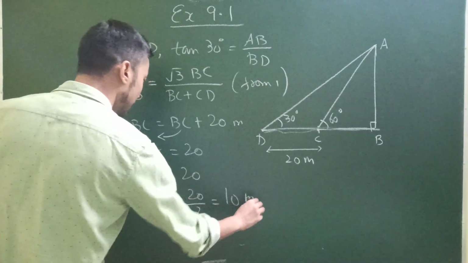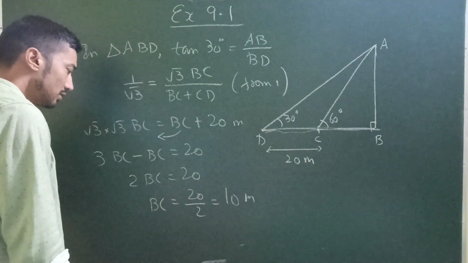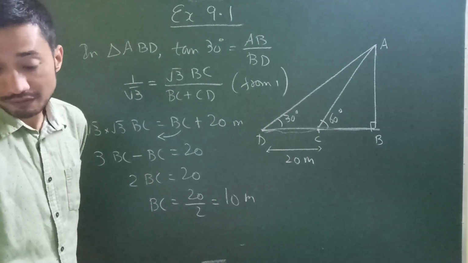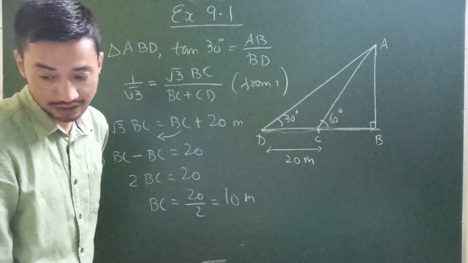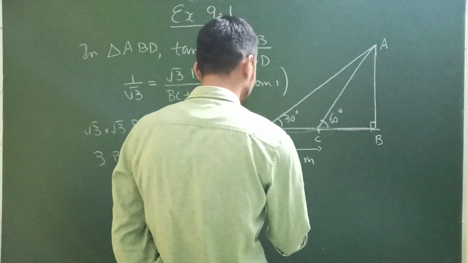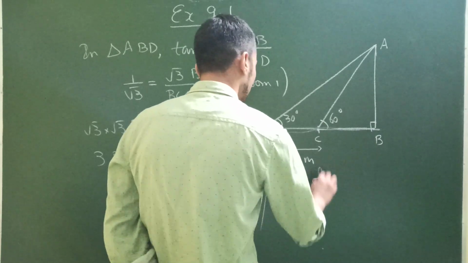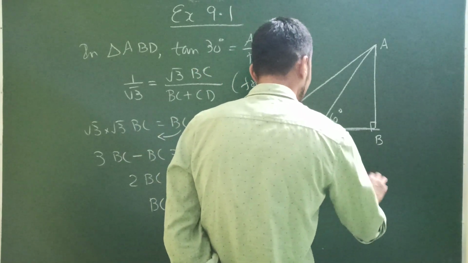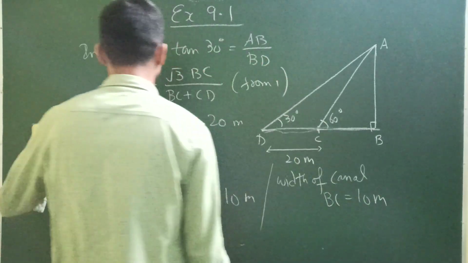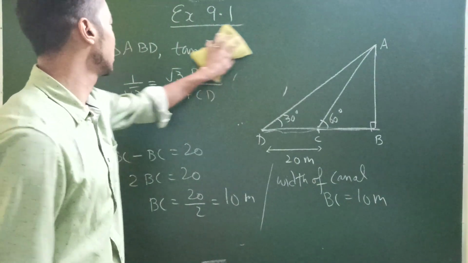That's 10 meters. But what was the question? One of the questions was to find the width of the canal, which is BC. So the width of the canal is 10 meters. Okay, that job is done.